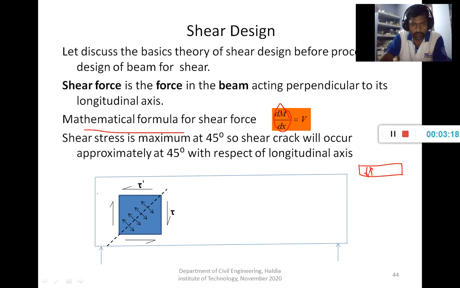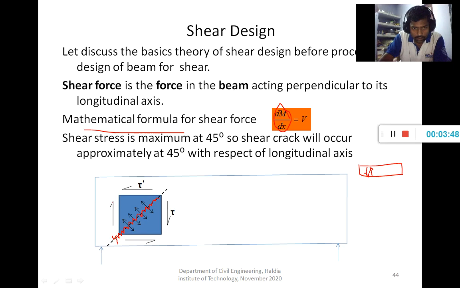So here I draw the figure, that is a simply supported beam, and one element is considered. You see that the shear crack occurs approximately at 45-degree angle. So if it fails in shear, the crack will occur along this line. This is an element shear stress picture.